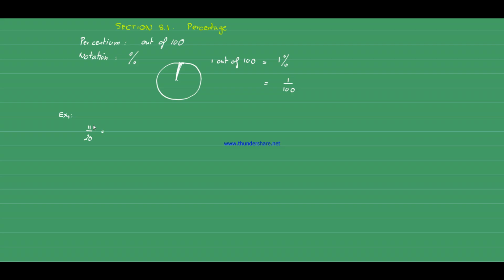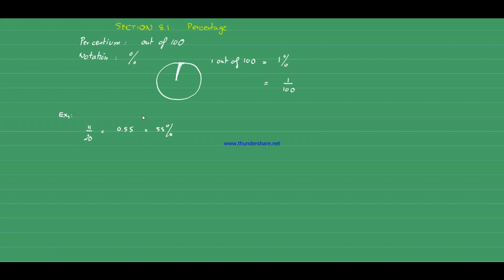Very easy. You do a quick calculation here. 11 divided by 20, which is 0.55. In order to convert to percentage, you just move the decimal point two places to the right, which gives you 55%.